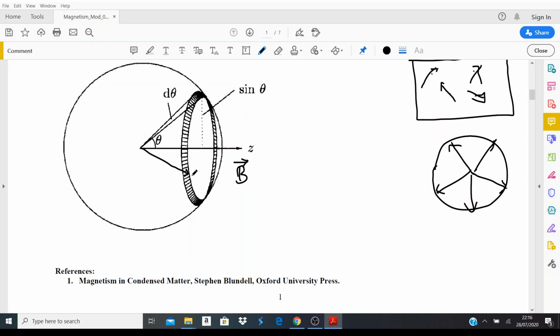If somebody asks what its component along the z-axis is, and you know the angle is theta, the z component of the magnetic moment is nothing but the magnitude of this vector times cos theta.